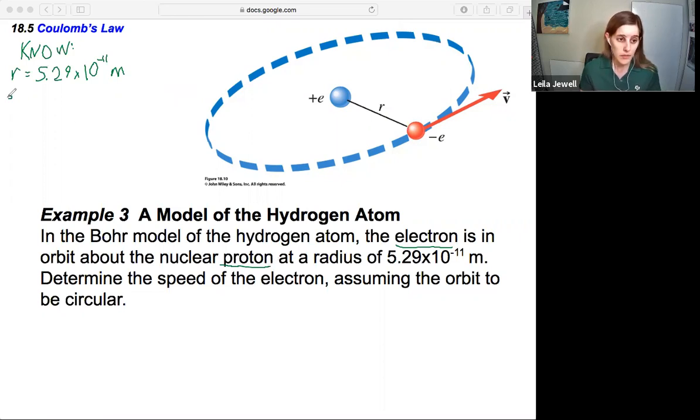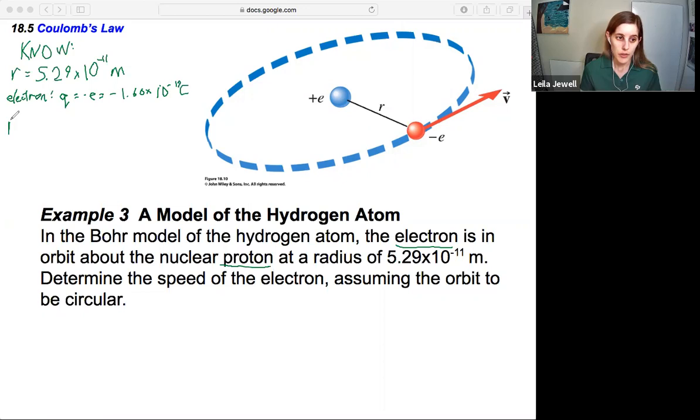And so noting those, what do we know? Well, if it's an electron, we know that its charge has to be given by negative e. Negative e is that constant that we saw before. So Q, the charge of it, is negative e, or we could write that as negative 1.60 times 10 to the negative 19 coulombs.